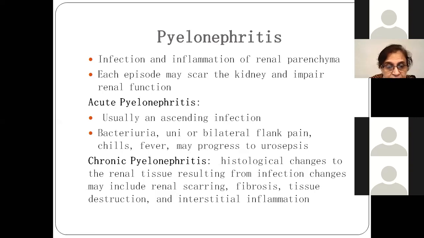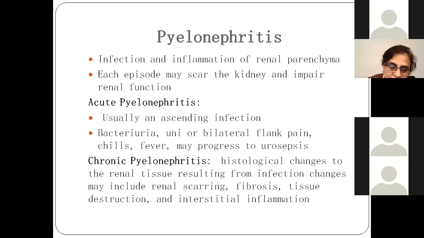The second type is chronic pyelonephritis. In chronic pyelonephritis, the patient can be having recurrent UTIs. Recurrent UTI is an infection which occurs about 3 times in a year.